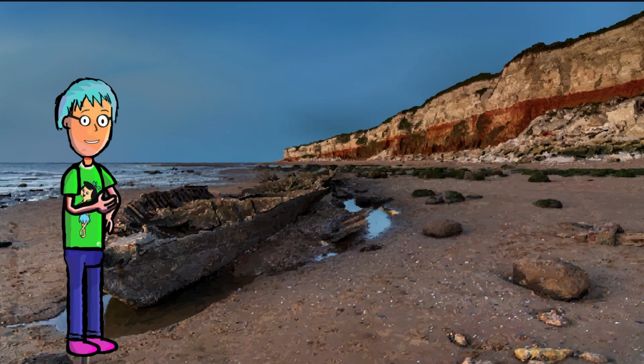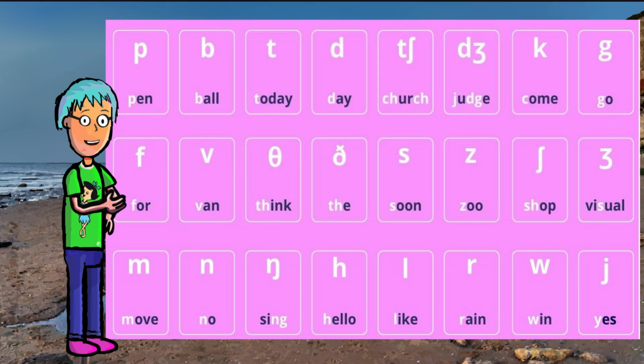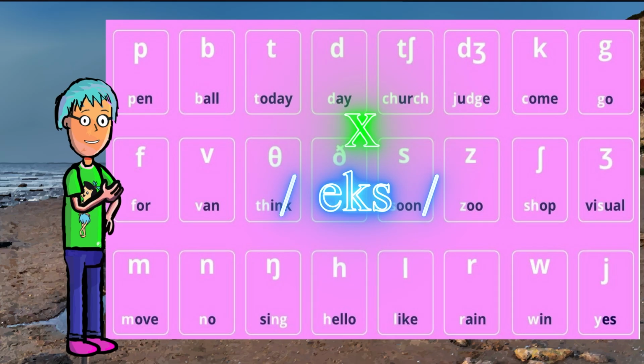And then the last thing to say is there are some letters in the alphabet that are not on this chart. So these are the letters that don't have a symbol. So there's no C, J, Q, X or Y. We don't have a symbol for these letters. So for example, the letter X, if I'm saying the letter itself, we would use these three symbols.